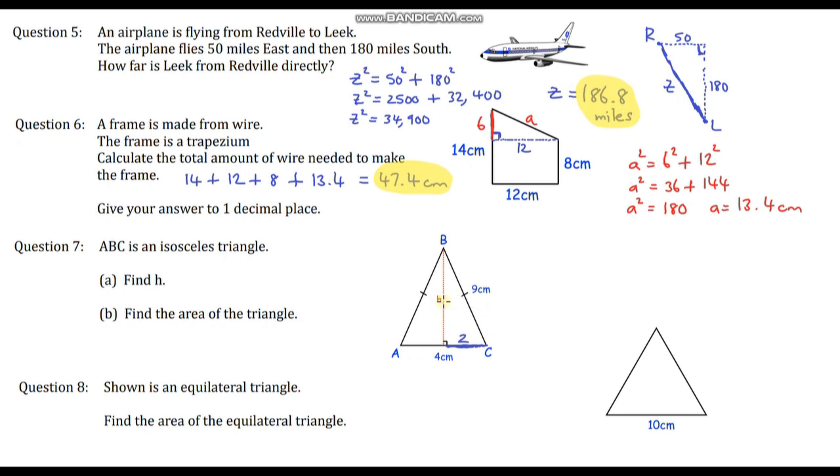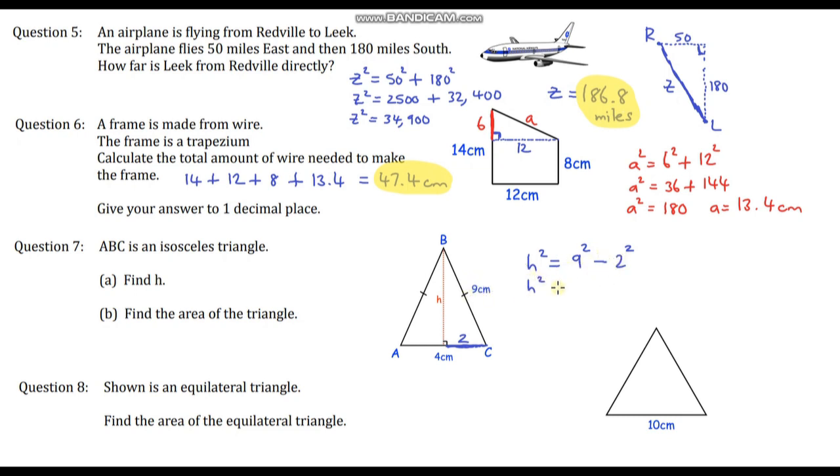So now we can use Pythagoras to calculate the height. So h squared is going to be equal to our hypotenuse squared, 9 squared, subtract our base squared, so 2 squared. So again, just be really careful. A lot of people just willy-nilly add these two values together. But remember, we've got the hypotenuse, so we're going to subtract.